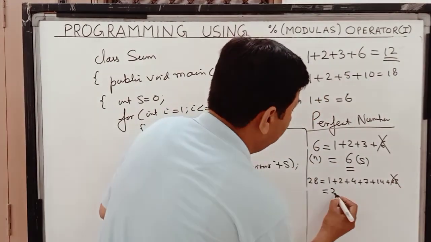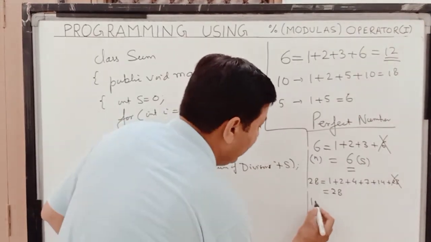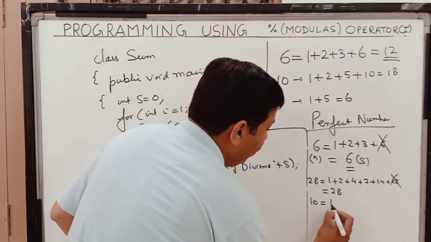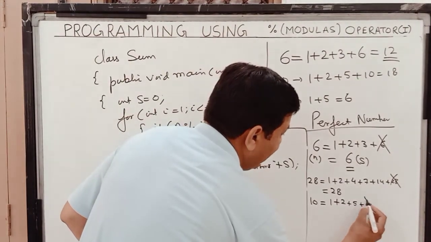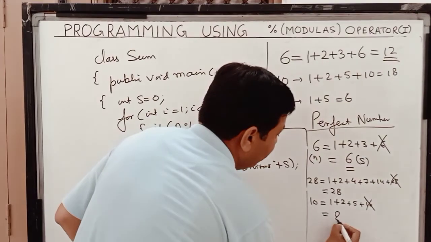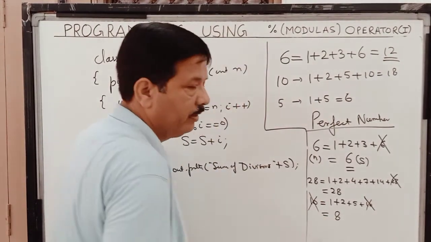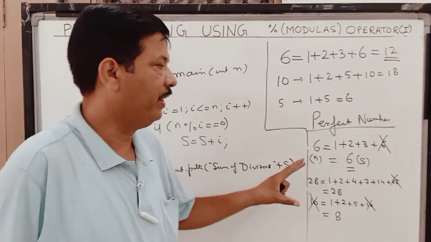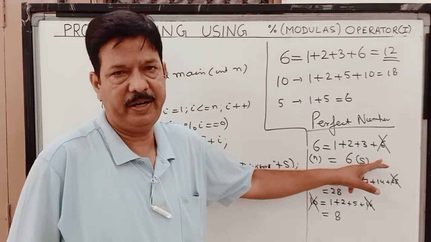So again the sum is coming out to be 28. And if you see, children, 10 has factors 1 plus 2 plus 5 and 10 we have to leave. So here the sum is coming out to be 8. So this number is not perfect. So children, a perfect number is that number which is equal to the sum of all its factors except itself.